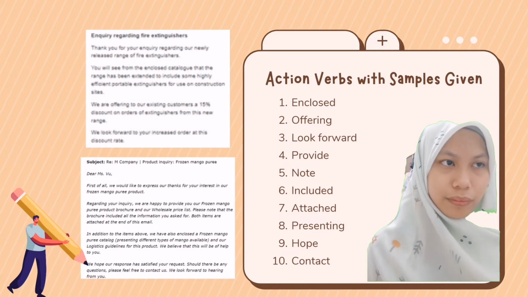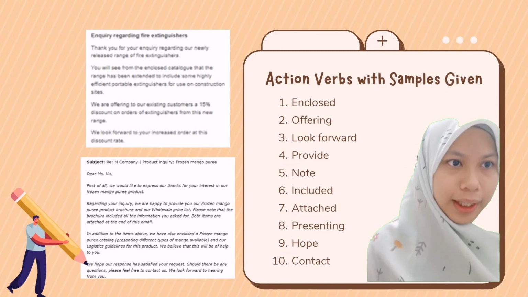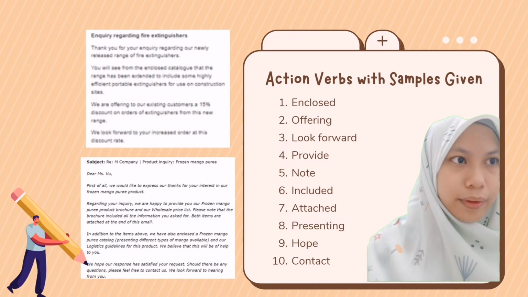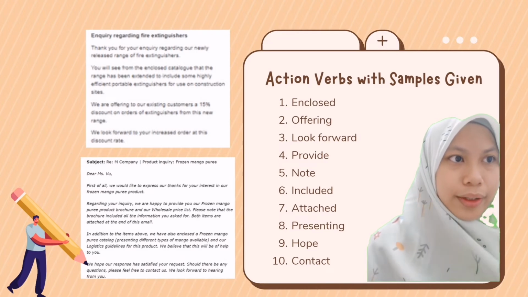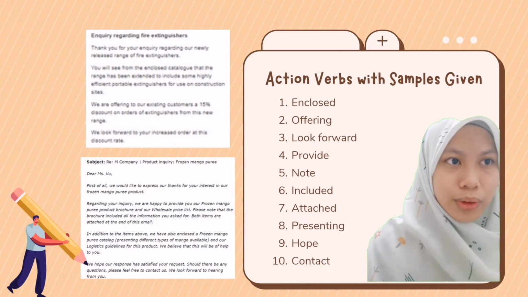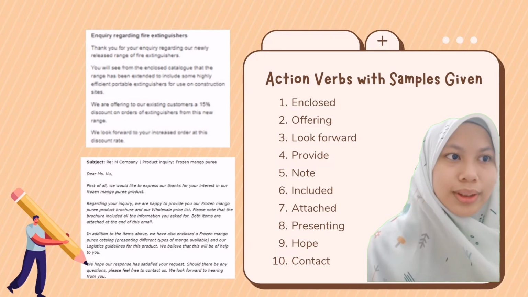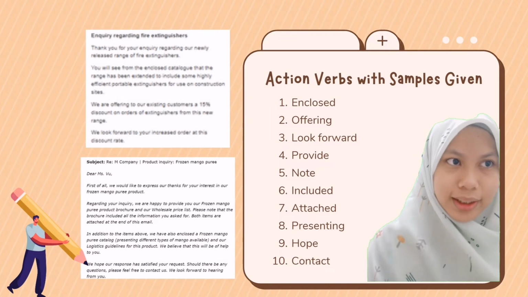For example, in the first sample, it says, you will see from the enclosed catalog that the range has been extended to include some highly efficient portable extinguishers for use on construction sites.